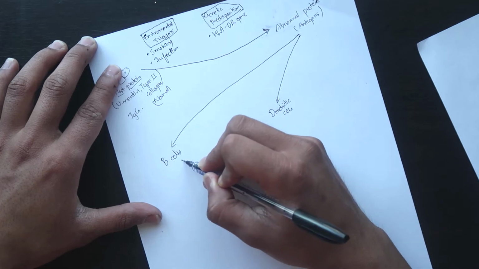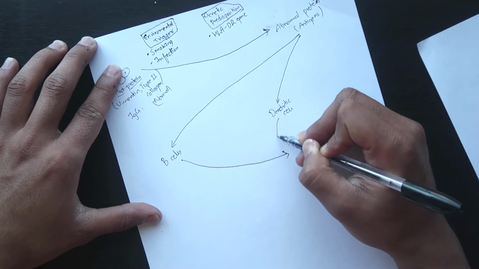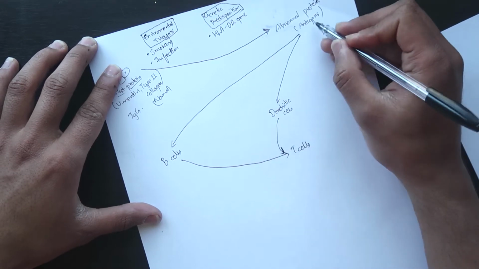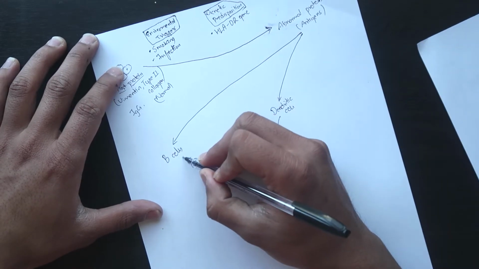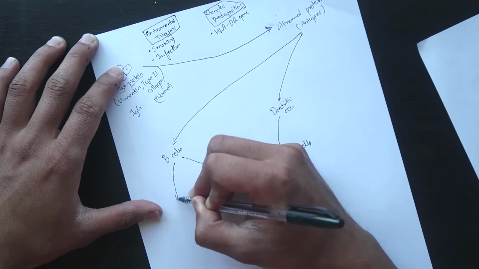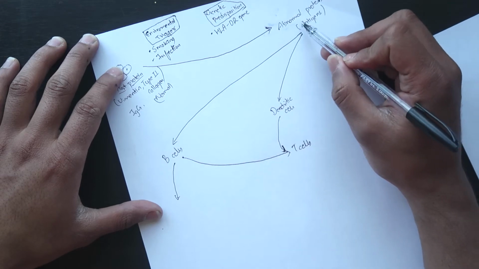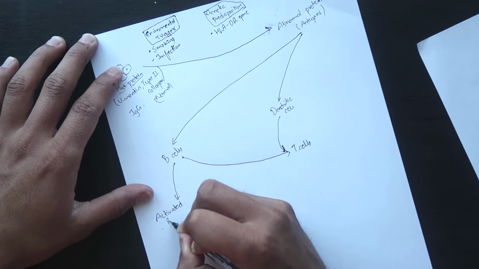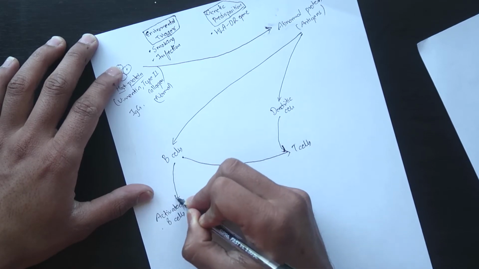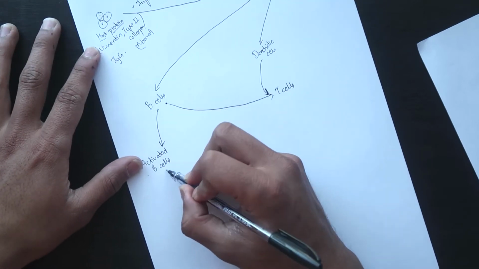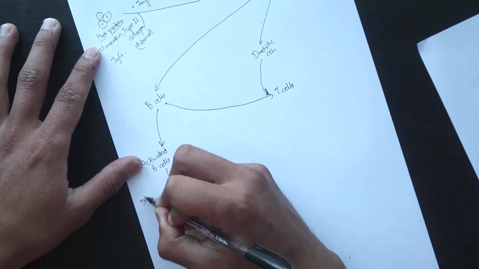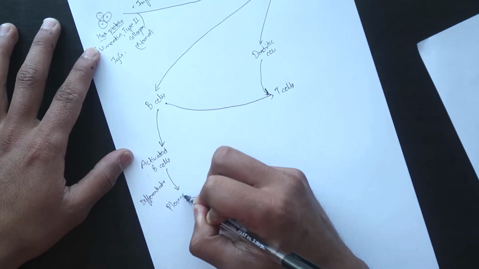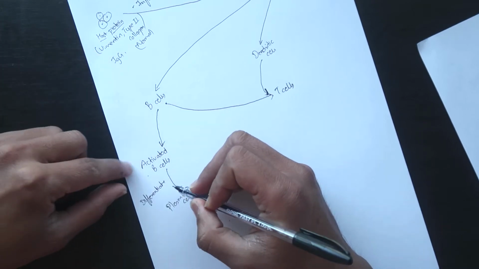These two cells will take this antigen and present it to the T cells. B cells also, after detection of these abnormal proteins, will get activated and form activated B cells, and these activated B cells will differentiate into plasma cells.